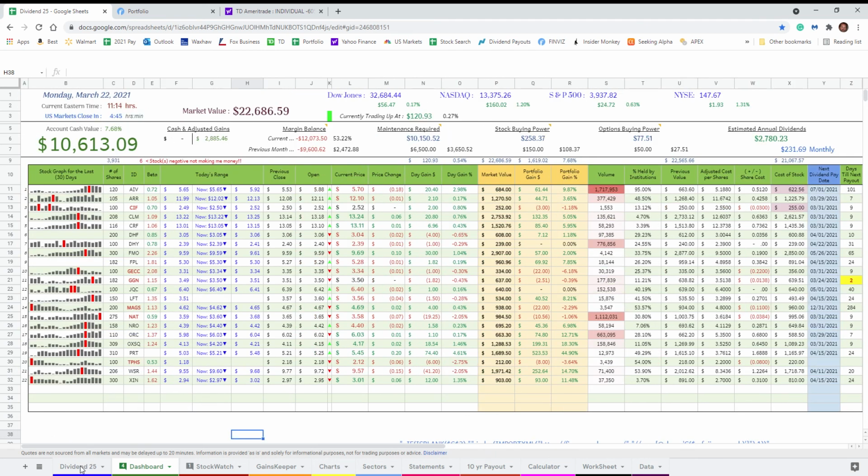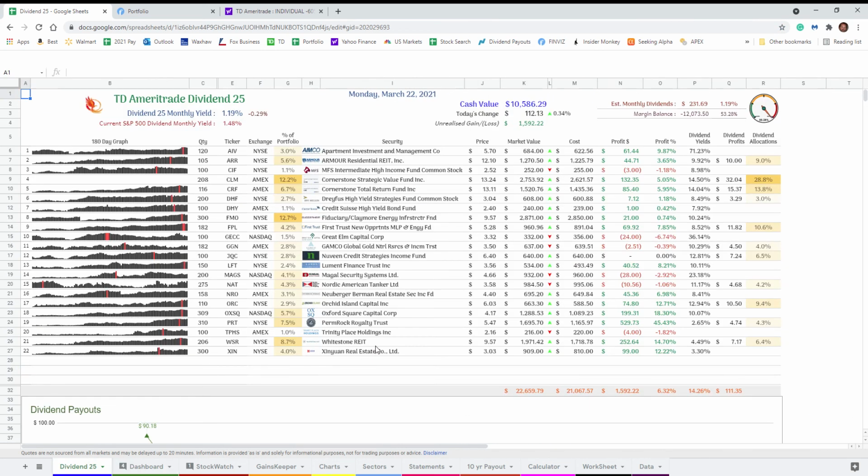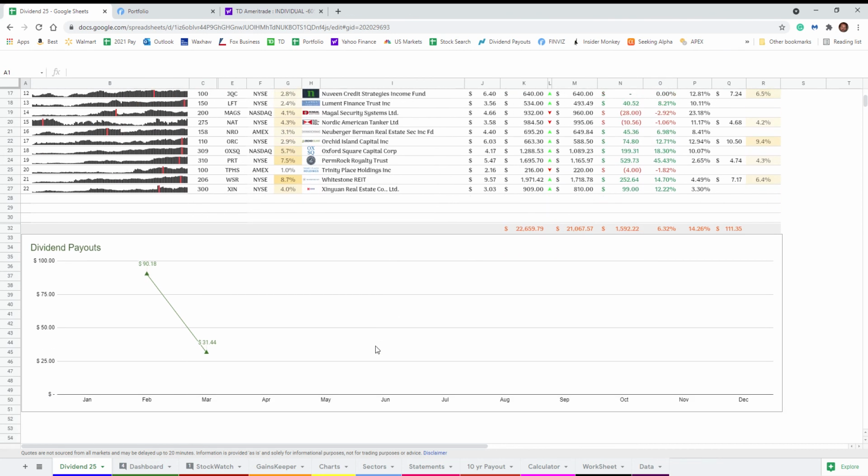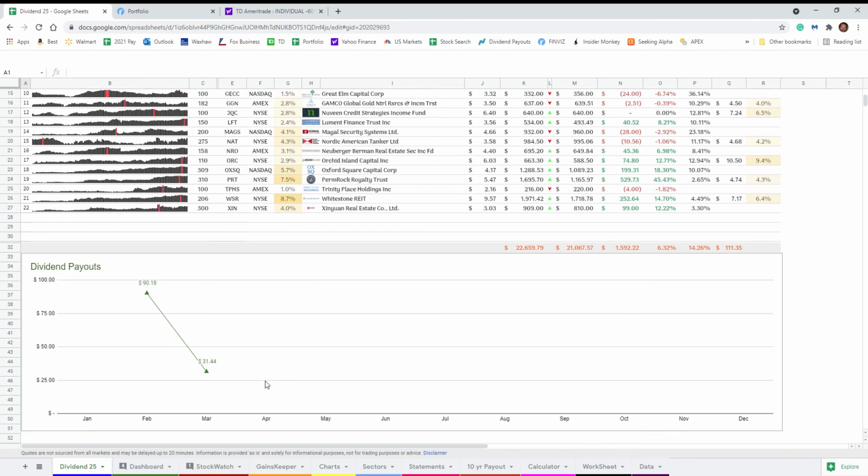And we're going to wrap up this conversation with everybody today. Hopefully I haven't been too verbose. I try to keep my words as minimum as possible. But I also have this chart on here, and for this month I've only made $31.44 in dividends. But again, this is just getting started. January I had nothing.